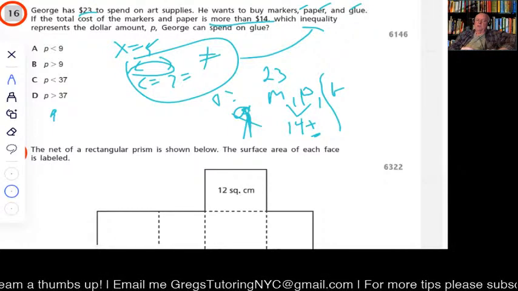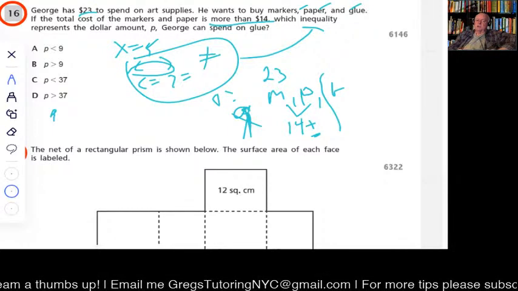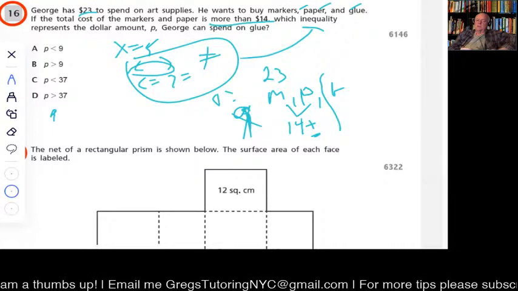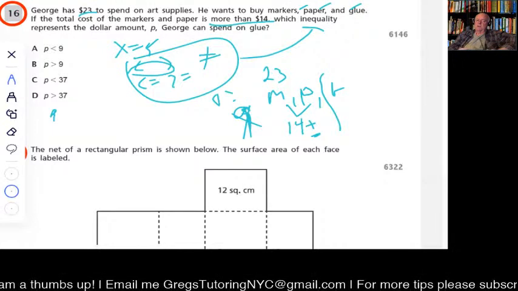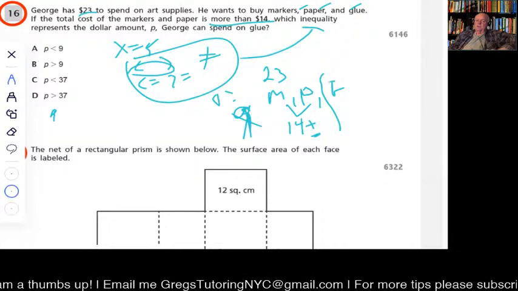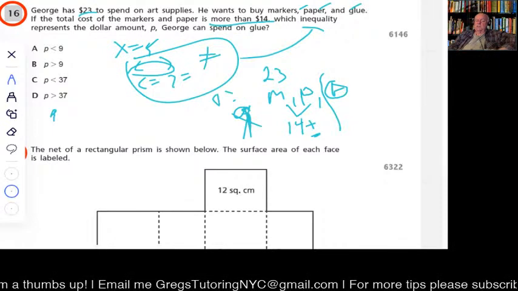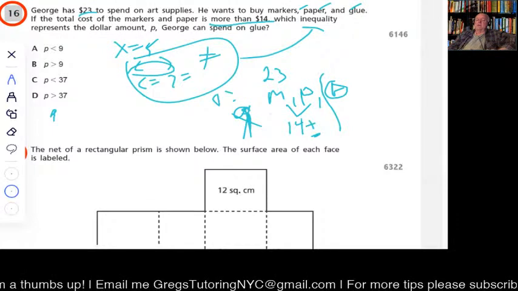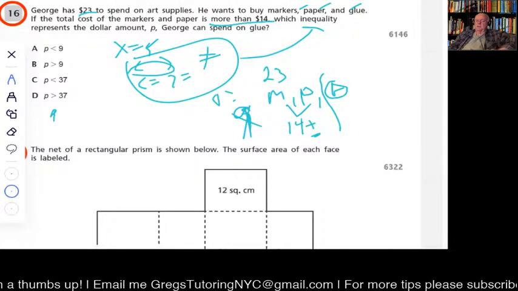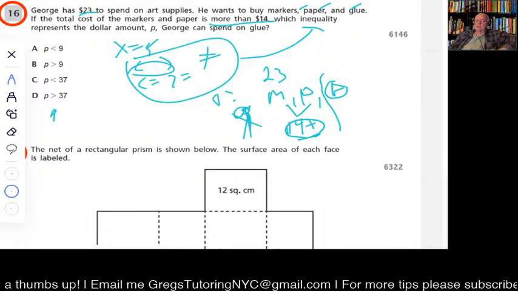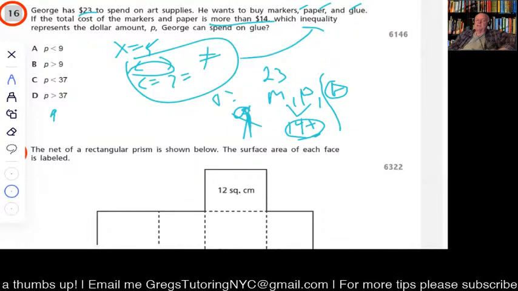He has $23 for supplies. He buys markers, paper, and glue. What represents the amount he has left for the glue? He doesn't have $9. He has less than 9. It's $8.99 and down, because this could have been $14.01. So which represents less than 9?